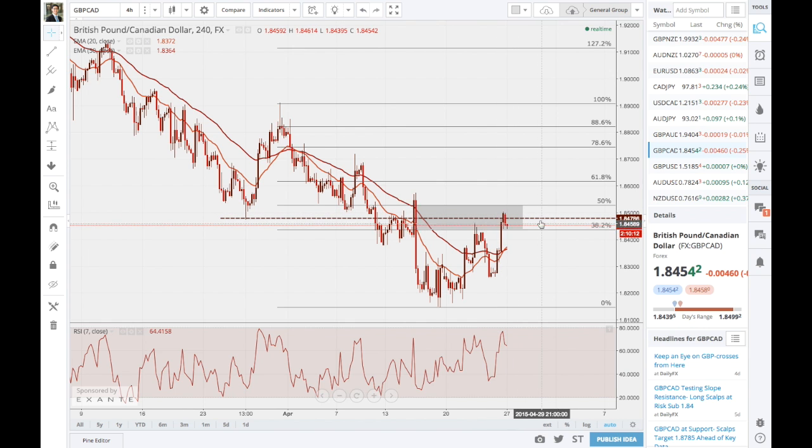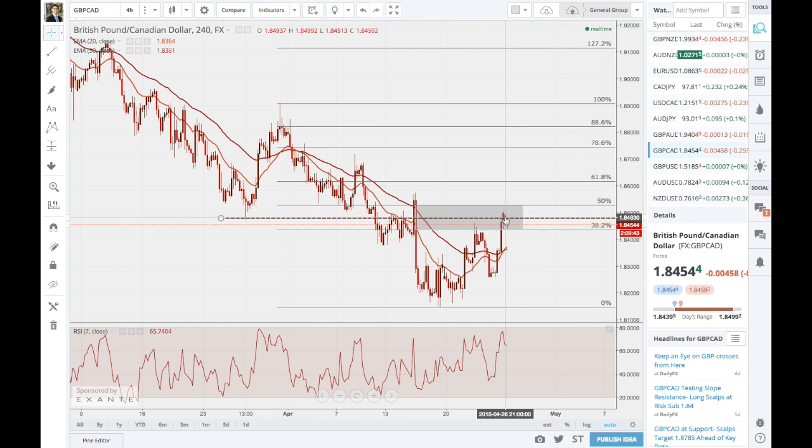But what I'm seeing here is that it's not a very strong rejection, but no doubt this is a rejection. So what you want to look for is whether price can then close below your 382, so that will give you more confirmation on whether you want to short this market.